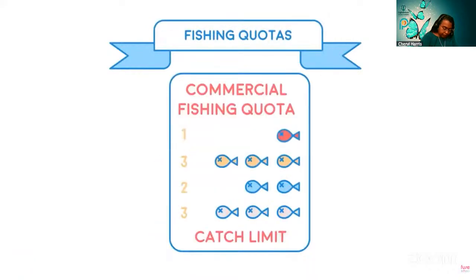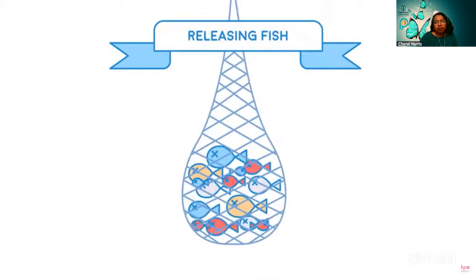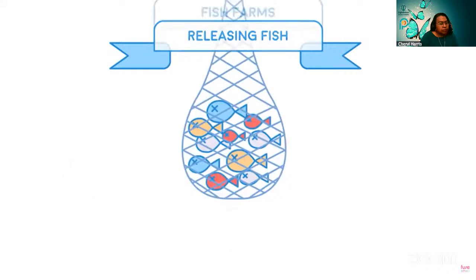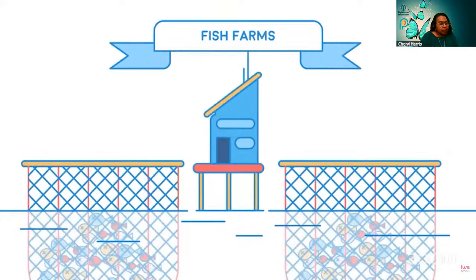Fishing quotas are strict numbers of fish that limit the amount of fish people can catch. This reduces the amount of fish being taken from the sea. The holes on fishing nets have to be large enough to let the smaller, younger fish escape. This then gives them the chance to reproduce and help maintain the population. Another solution is fish farms. Eating farmed fish reduces the number of fish being caught from the wild.